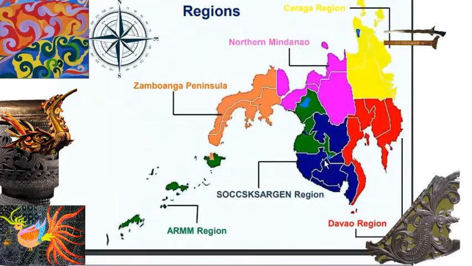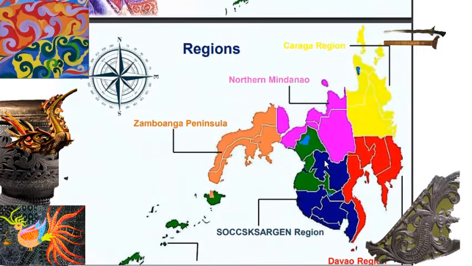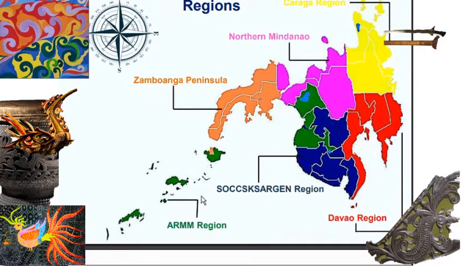The regions in Mindanao are Caraga, Northern Mindanao, Zamboanga Peninsula, Soccsksargen, the Davao region, and ARMM.